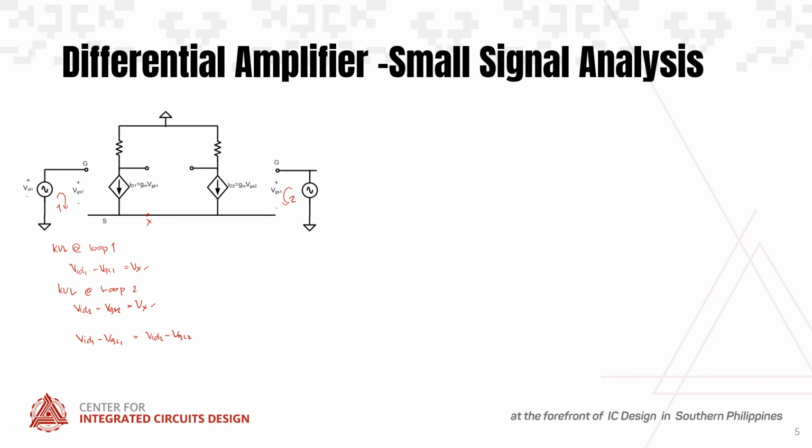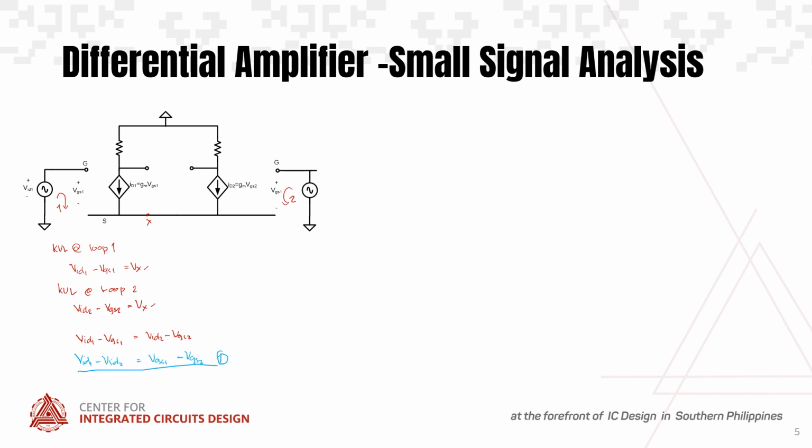So with that, we can say that our VID1 minus VID2 is equal to VGS1 minus VGS2 if we try to rearrange this equation. And we can consider this as our equation 1.